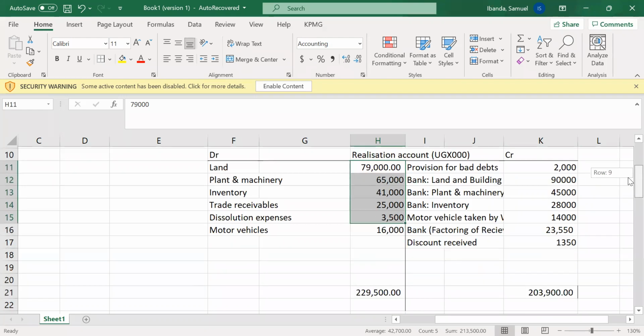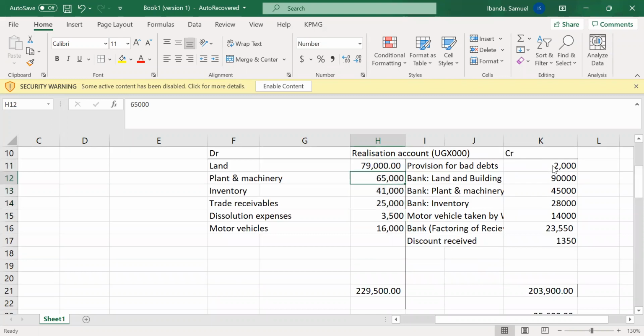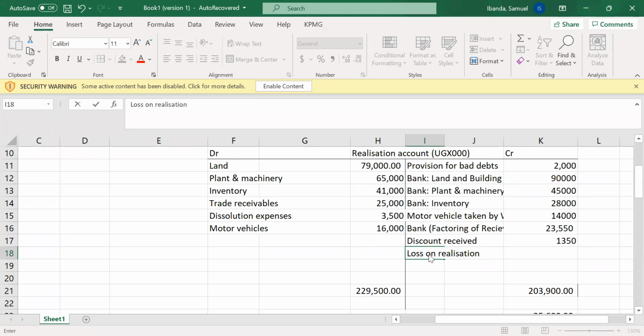In this case, we are seeing that our proceeds are lower than what we had as our value of assets, because this side is 229, this side is 229, this side is 203. So in this case, we'll have a loss on revaluation. No, sorry, on realization. We shall have a loss on realization.